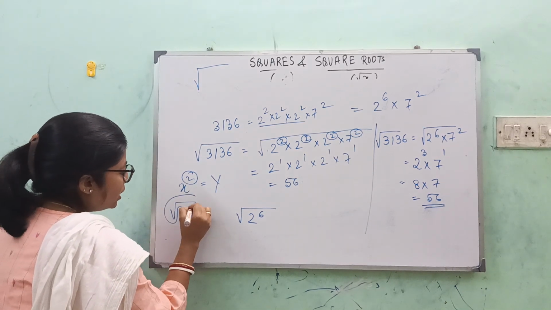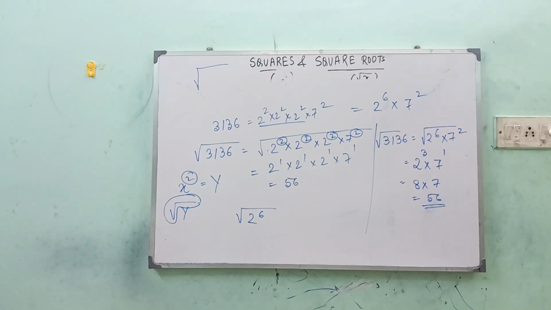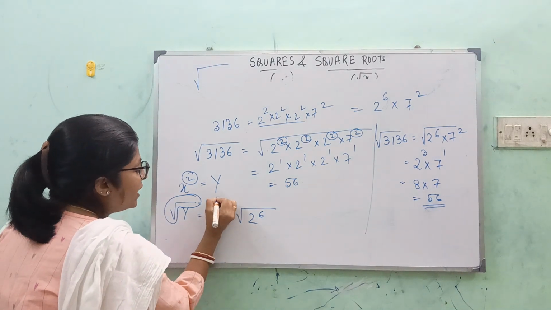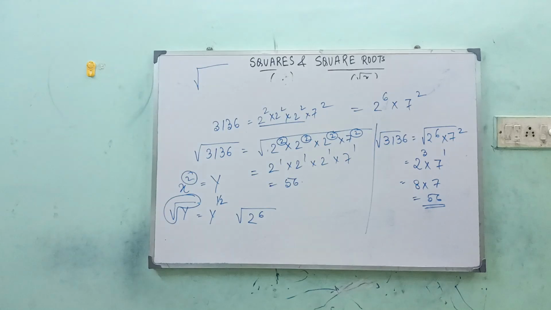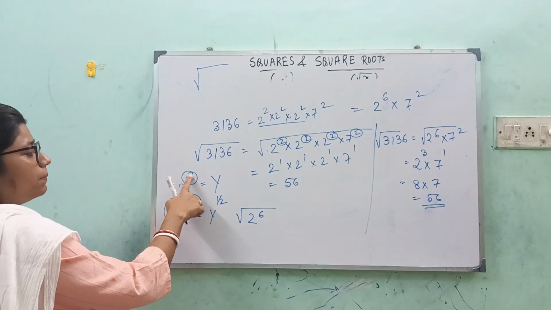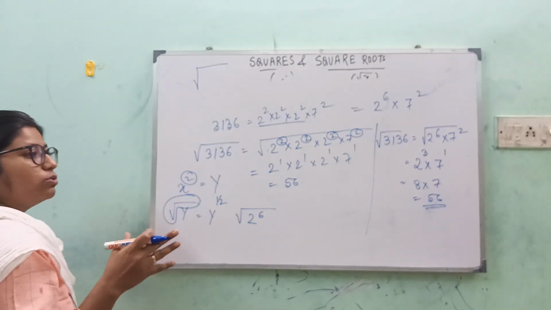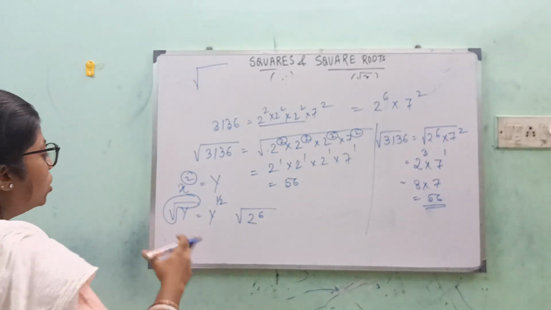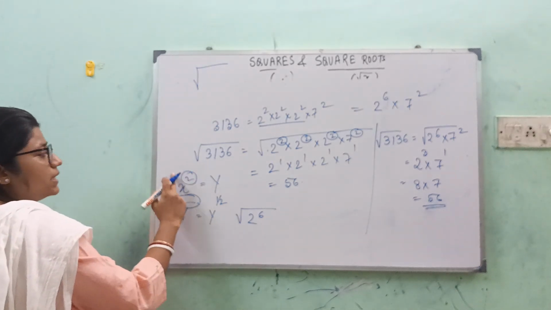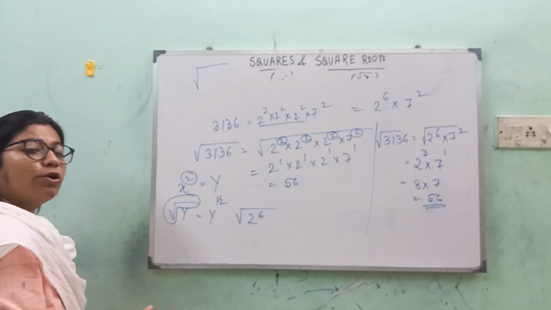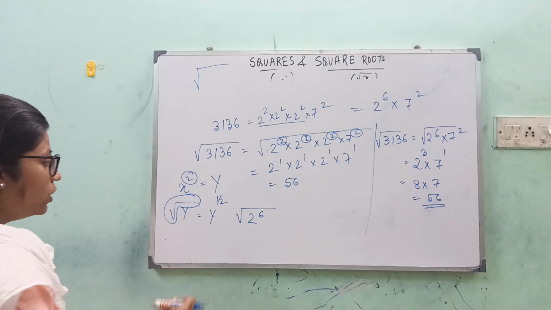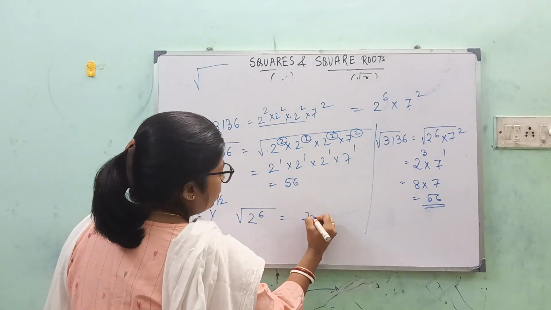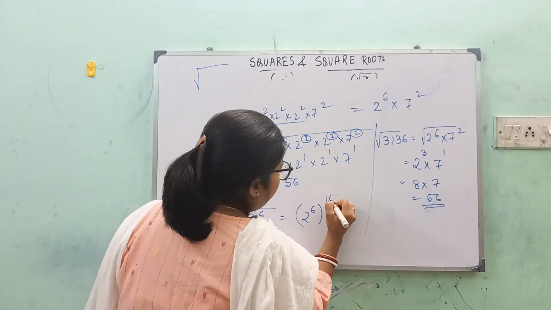What is the numerical form of this square root sign? It means y raised to the power half. Here it was raised to the power of 2. I told you square and square roots are inverse operations of each other. So if squaring something is raising it to the power of 2, then square root means raising it to the power of half. So here it means 2 to the power 6 whole to the power half.